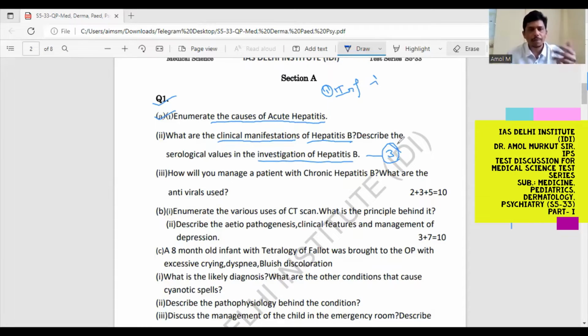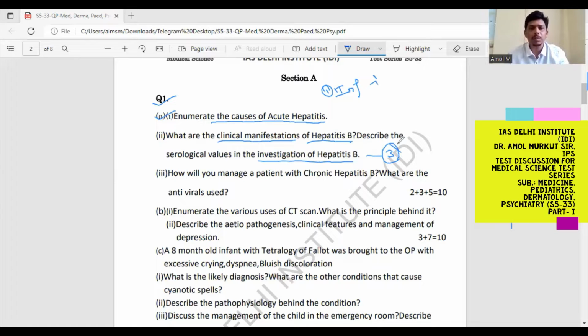What will you write here? As you must have read, acute hepatitis has a prodromal phase, then icteric phase, then recovery phase. In the prodromal phase you have fever, chills, body ache, myalgia. In the icteric phase, there is jaundice. In the recovery phase, symptoms gradually subside, appetite returns, and jaundice also subsides.